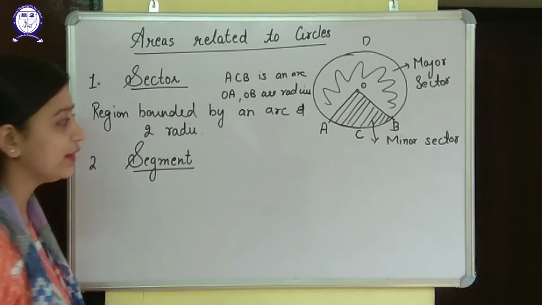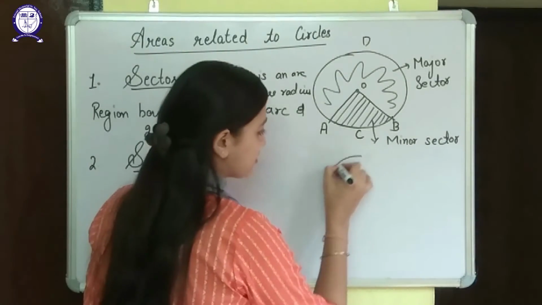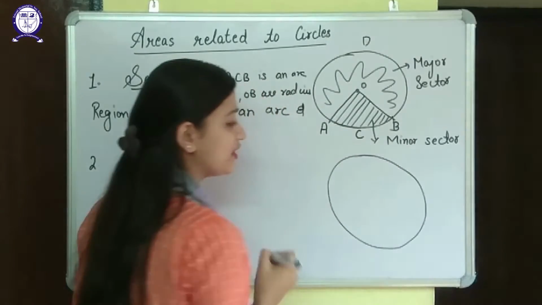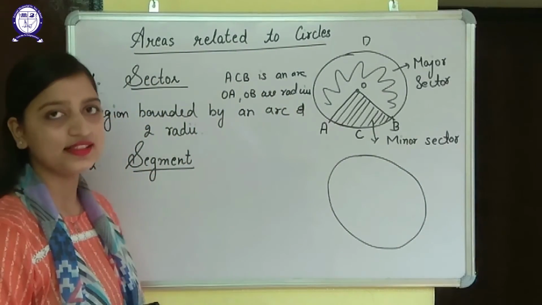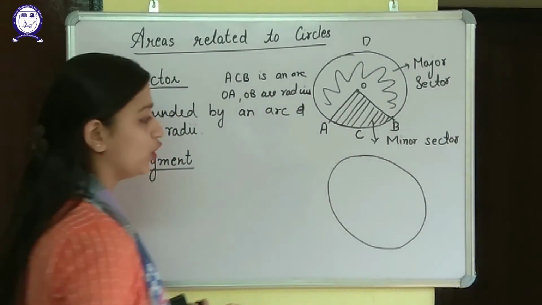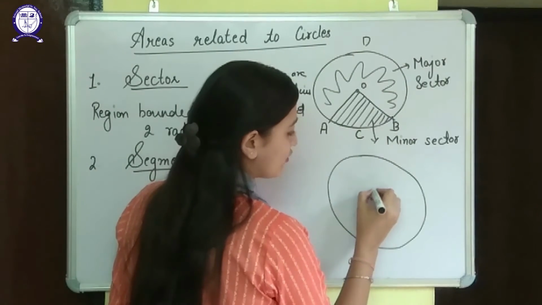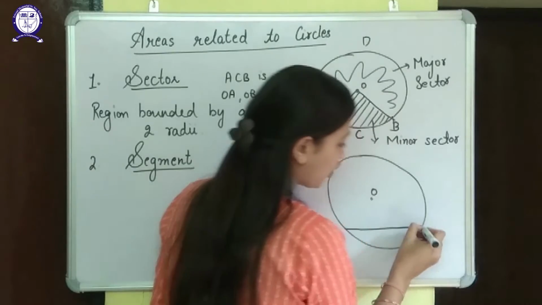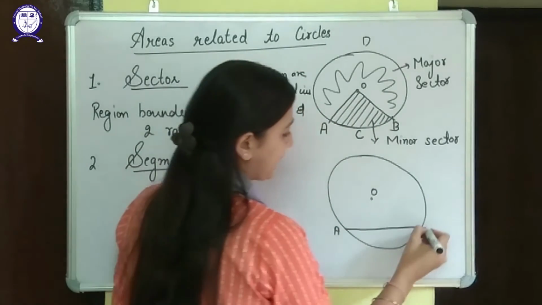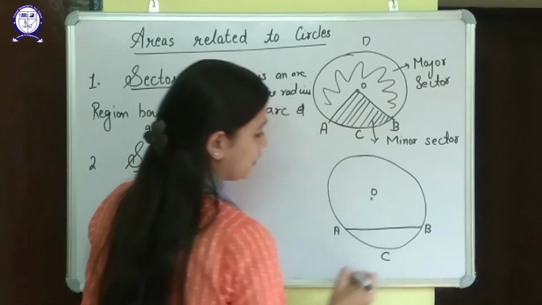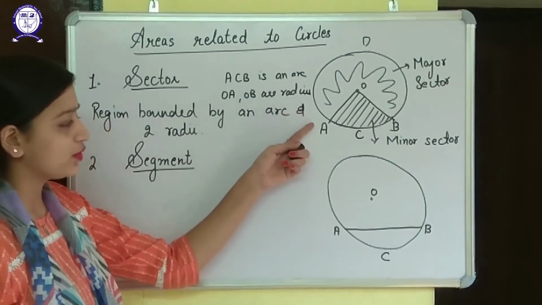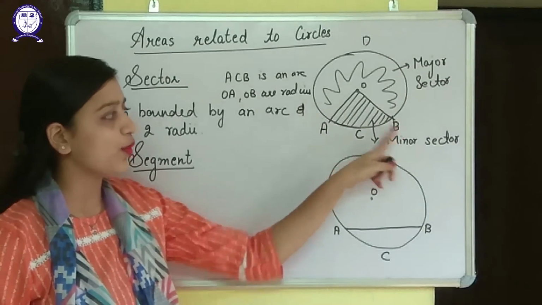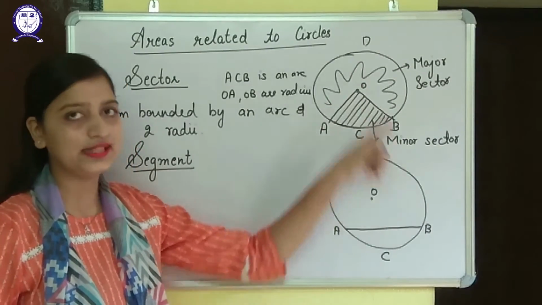What is a segment? Suppose again this is a circle. Okay, this is a circle and in this circle we have a chord. Okay, this is the center of the circle and suppose we have this chord A, C. Okay, in this topic, we have joined these 2 points with the center.